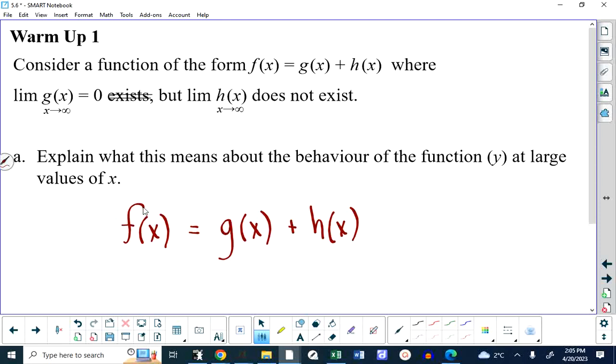Basically we can think of g of x as a function, we can think of h of x as a function, and we can think of f of x as being the function that's the sum of the two functions. But what we learn in Math 30-1 is that boils down to the y coordinate on f of x will be the sum of the y coordinates on the other two functions. Okay? So who can tell me what this means about the behavior of f of x at large values of x?